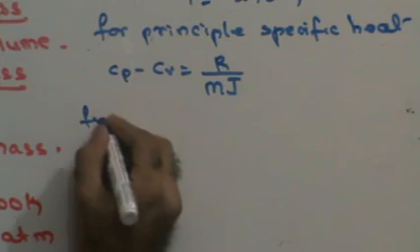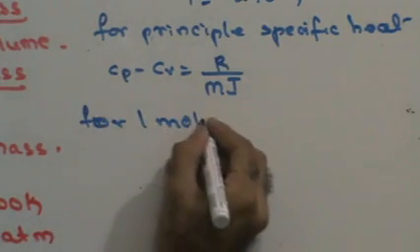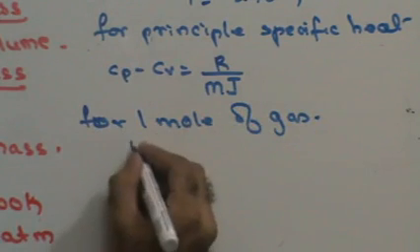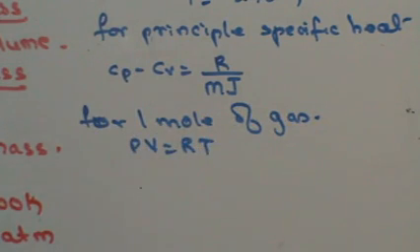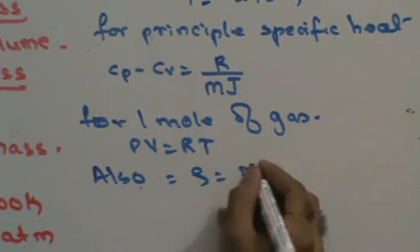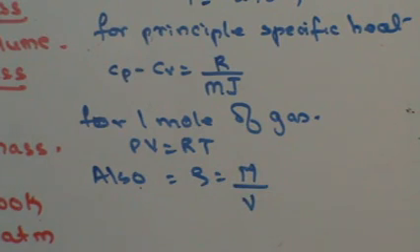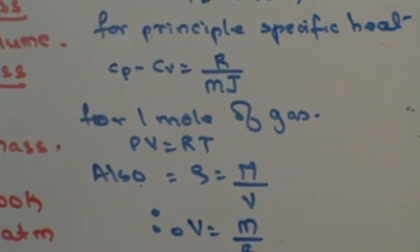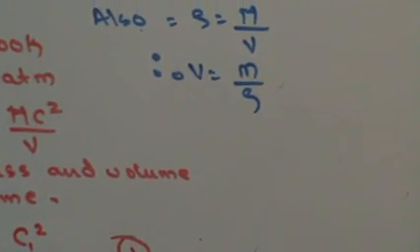Also, I can say for 1 mole of gas, by gas law, PV is equal to RT, right? Now, I could also say that density is mass upon volume. Therefore, I could say that volume is mass upon density. Once I know the value of volume, I can substitute this value of V as M upon rho.